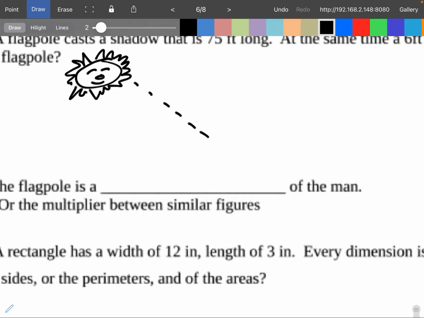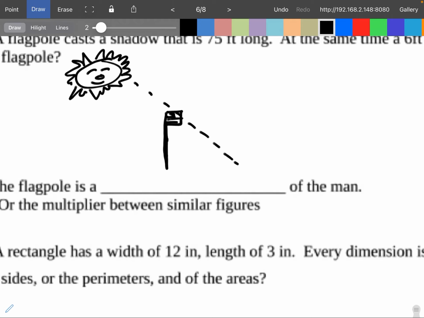That's the sun. Okay? And then the sun's rays are coming down like this. And here's the flagpole here. So there's our flagpole.